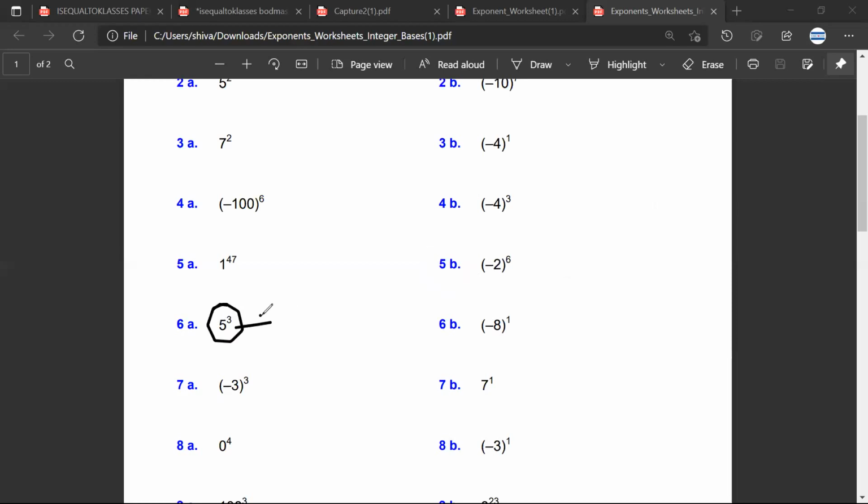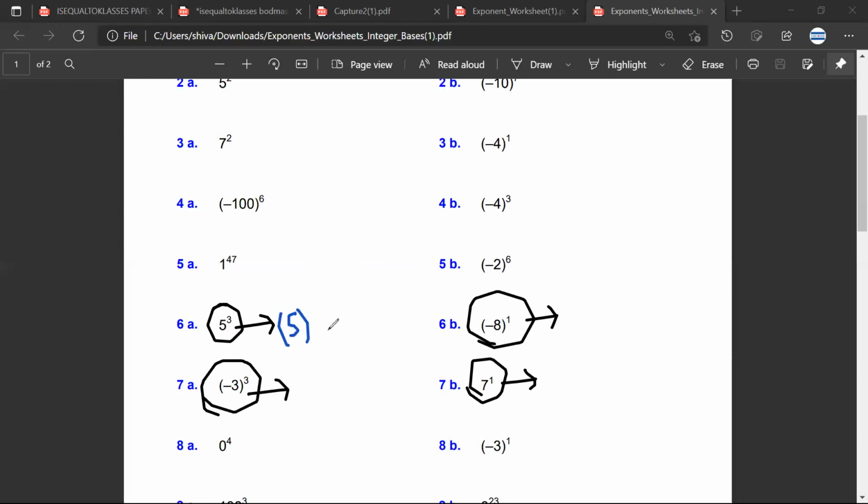What would be the answer? So 6a, right? Yeah, 6. It would be 125. Any doubt?